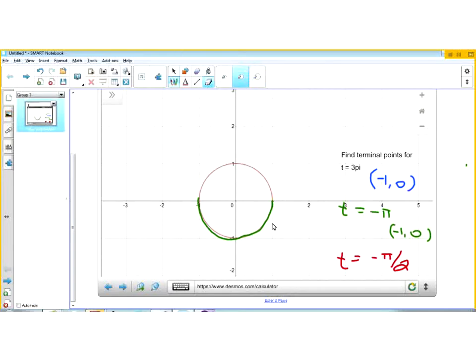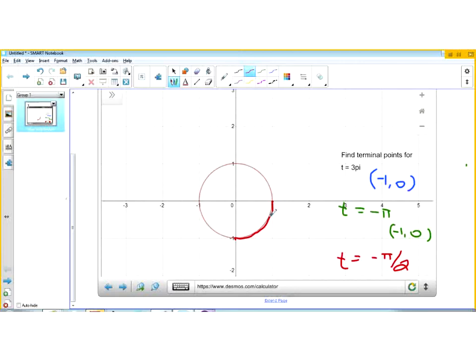Let me erase this and we'll do it in red. So we start at 1, 0, and then we go clockwise pi halves radians. I believe I misspoke earlier when I said we go clockwise negative pi radians.